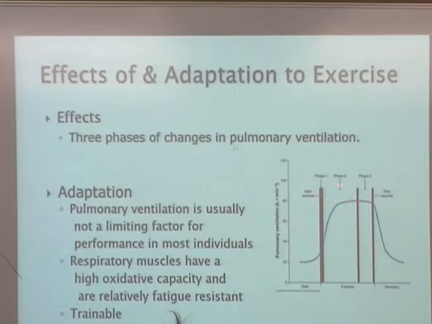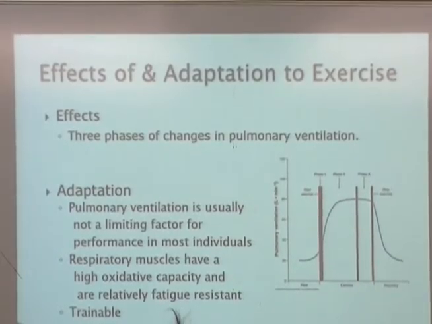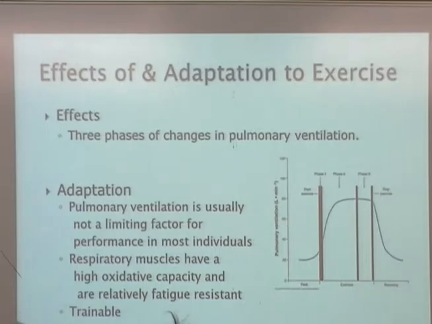We'll get to a plateau if we plateau our intensity of workload, so it's like a steady state that we see in energy production. My breathing rate will plateau at the point where I am getting enough oxygen into the system to deal with the workload. And then I'm going to stop exercising.